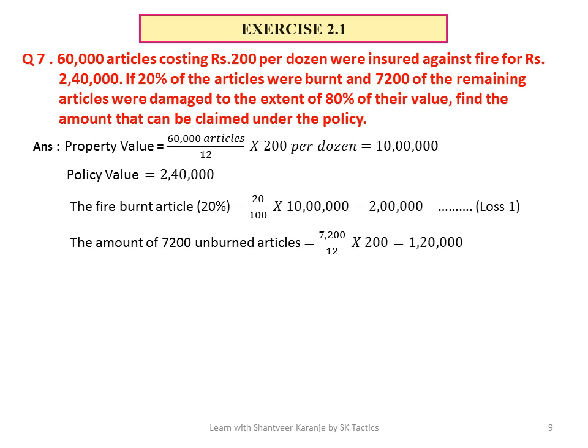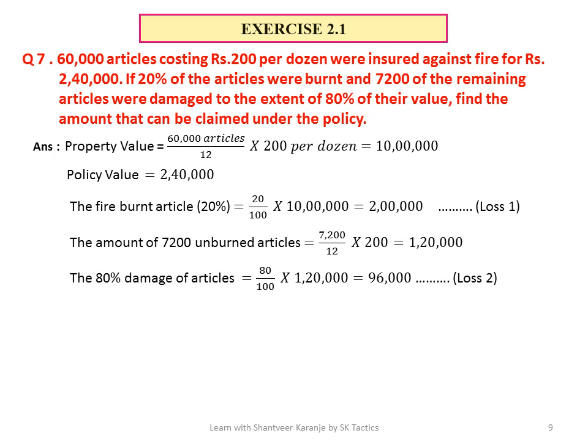First I am calculating the unburned articles amount. 7,200 divided by 12 gives me the number of dozens, and the rate per dozen is 200, and calculation gives me 1,20,000. So 80% of 1,20,000 was damaged, which is 96,000. This is loss number 2.